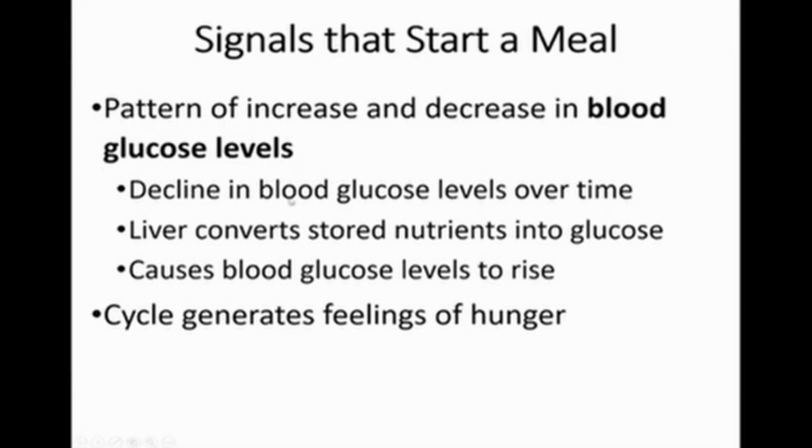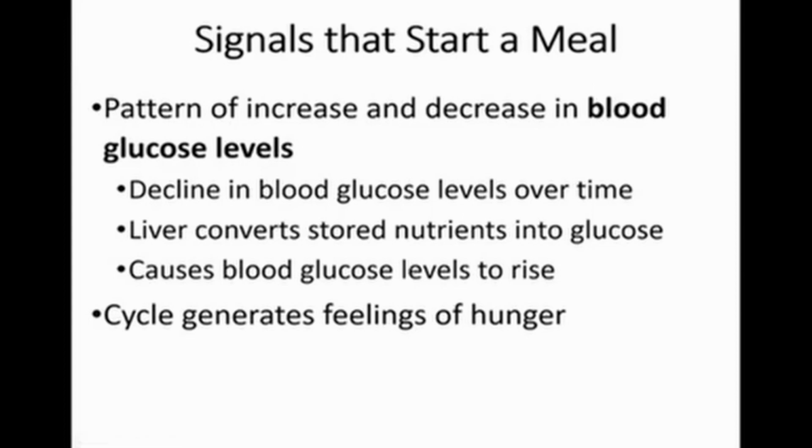Over time, those blood glucose levels start to drop because our cells are making use of that free-floating glucose. The liver can convert stored nutrients into glucose, so the liver lets us produce more glucose from stuff that we have stored up. As it releases more of that stored nutrient, it turns it into glucose and re-releases it, and we can make use of that again.